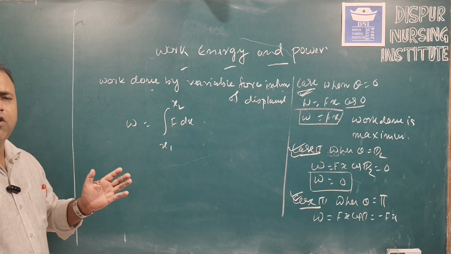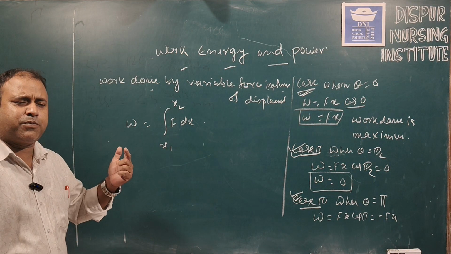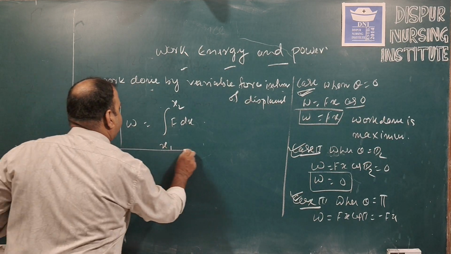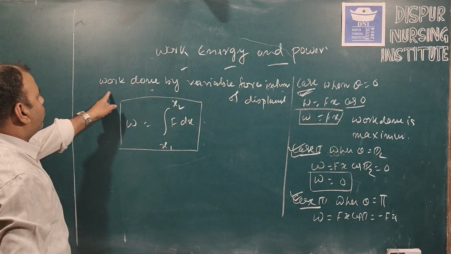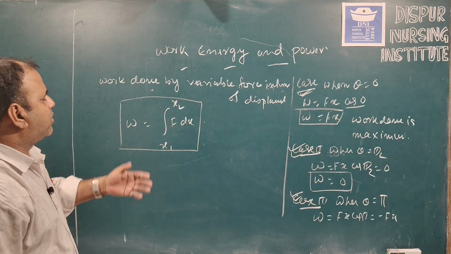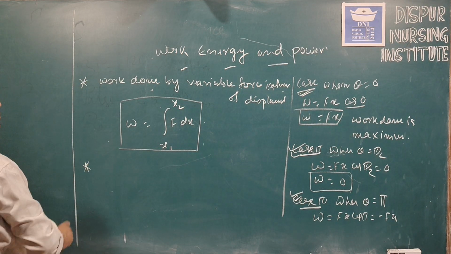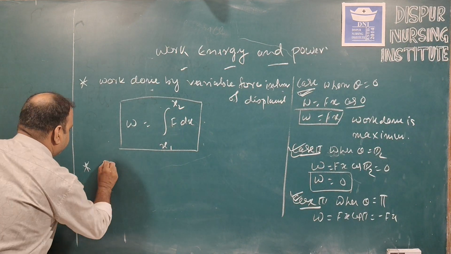Dear students, you always remember work done can be expressed in terms of dot product also. That is why this is called work done by variable force in terms of displacement.